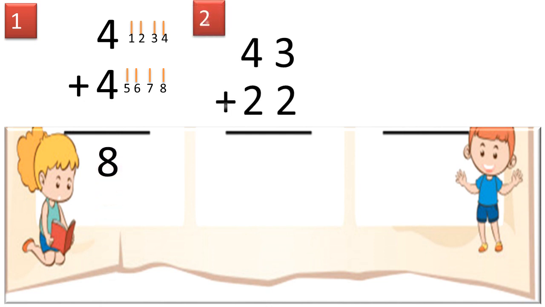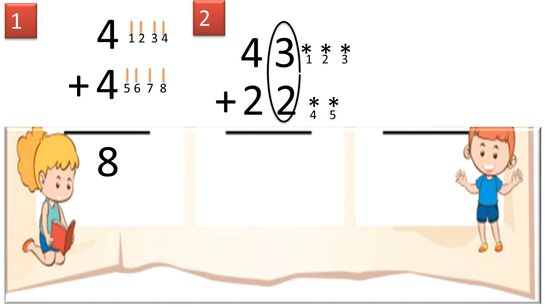Next question is 43 plus 22. These numbers are two-digit numbers. How can we add it? First we want to add 3 plus 2. We draw flowers.